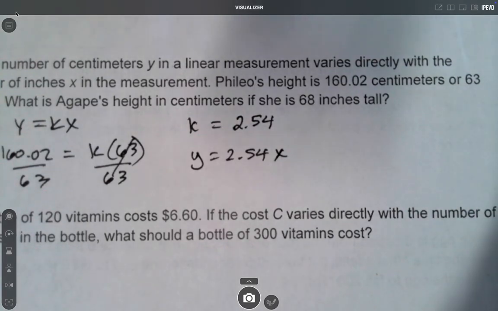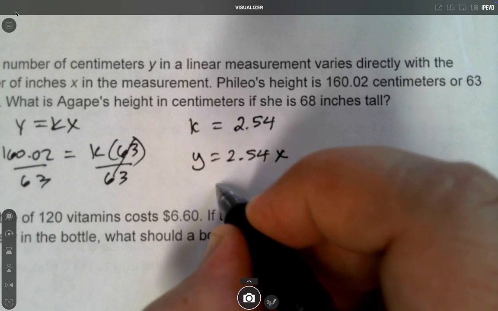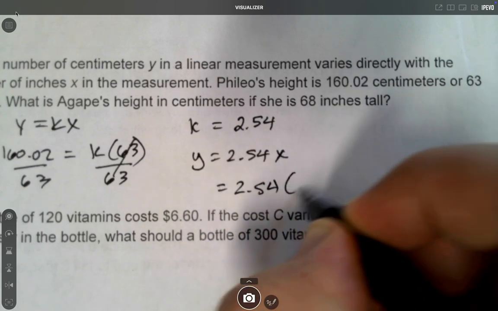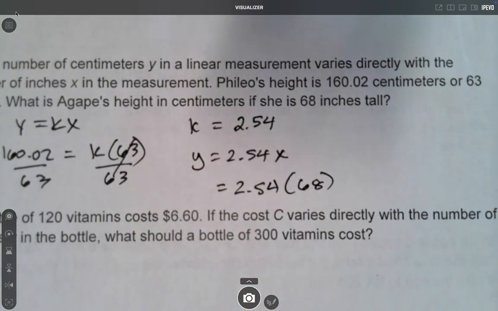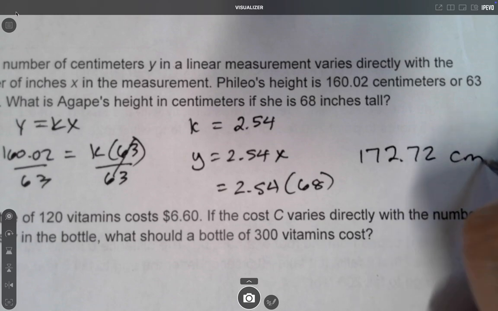And it asks, what is Agape's height in centimeters if she is 68 inches tall? So inches goes with x. So I plug in 68 for x, multiply by 2.54, and I get 172.72 centimeters.